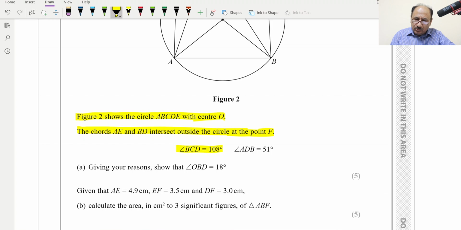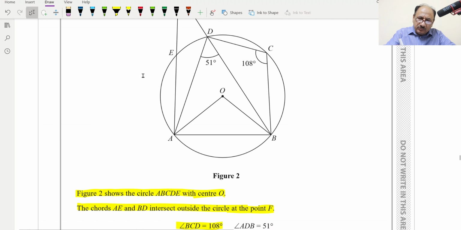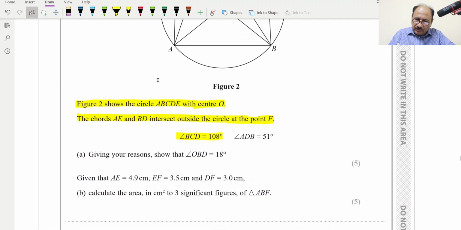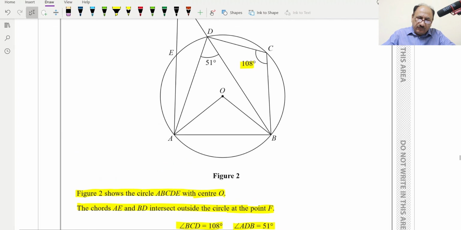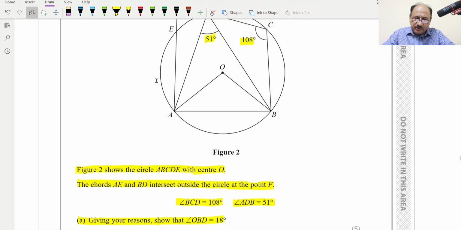Angle BCD is equal to 108, which is shown over here. This is 108, and angle ADB basically is 51. So this 51 is also shown, and then they are saying, giving your reasons, show that angle ABD is equal to 18.